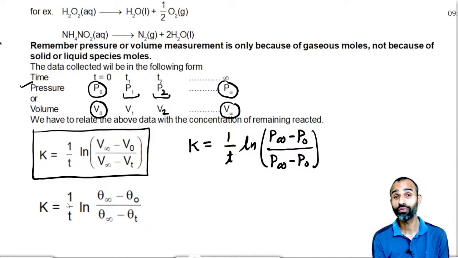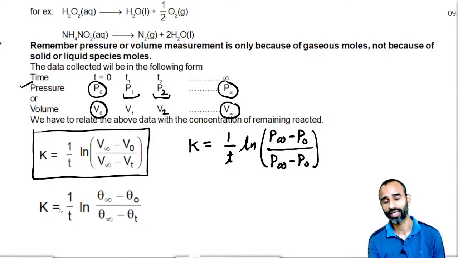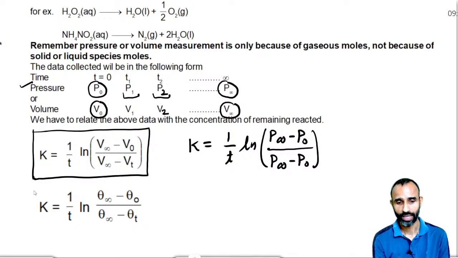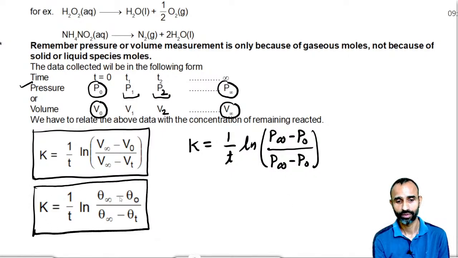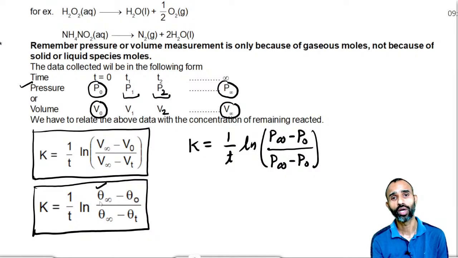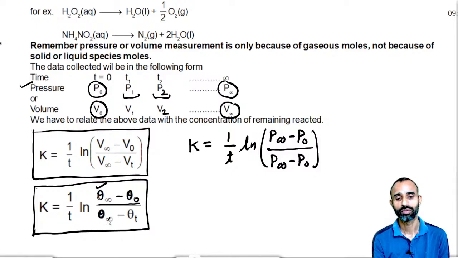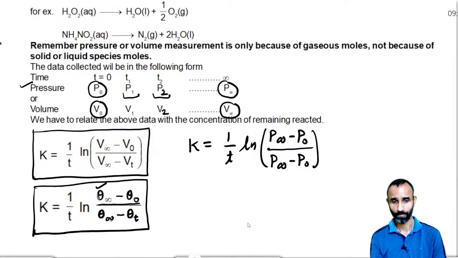And if we have optically active compounds, then we use the relation with specific rotation at infinite time minus specific rotation at 0 time, divided by specific rotation at infinite time minus specific rotation at time t.